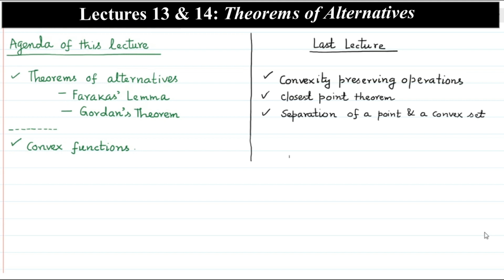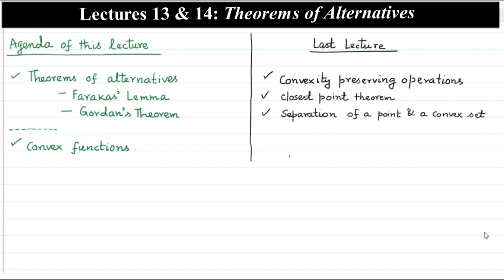In a theorem of alternatives, exactly two systems will be given, system 1 and system 2. Both the systems will involve inequality and equality relationships, and exactly one of the systems will have a solution, not both. This is the theorem of alternatives that we shall discuss rigorously in this class.